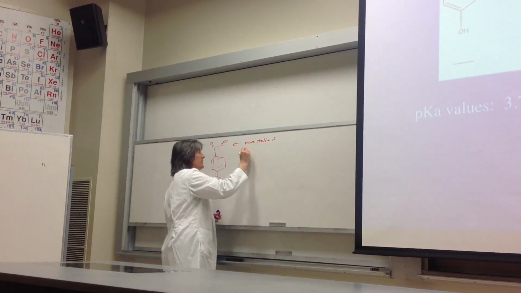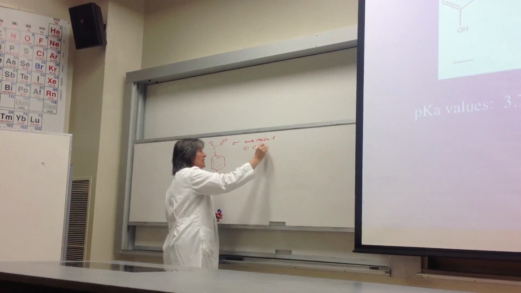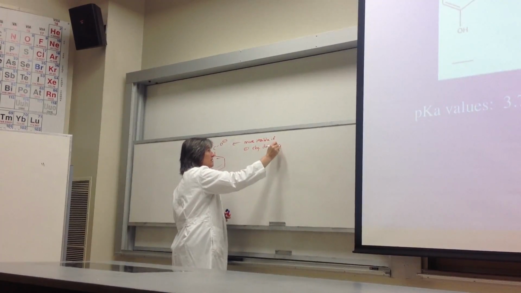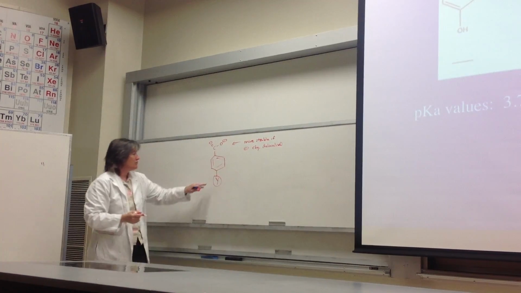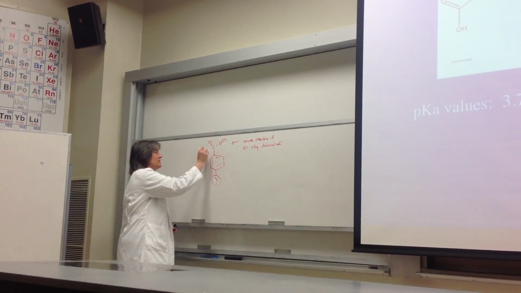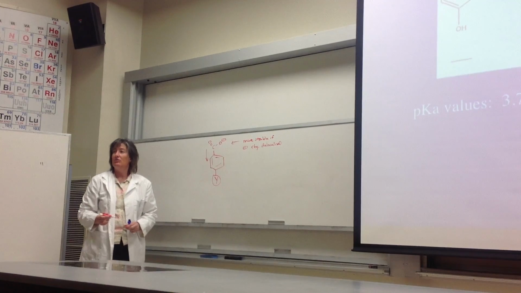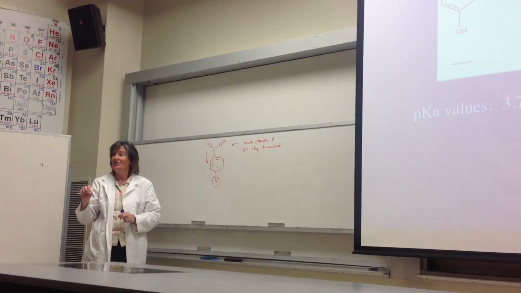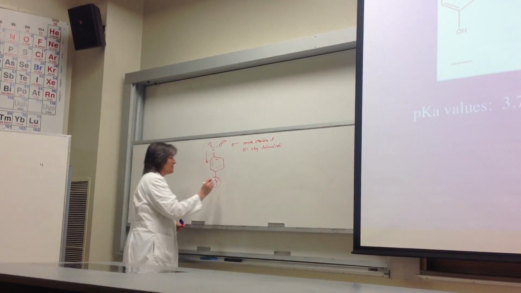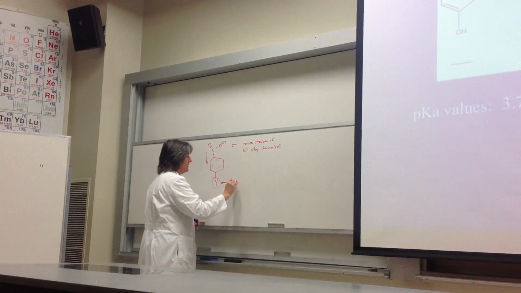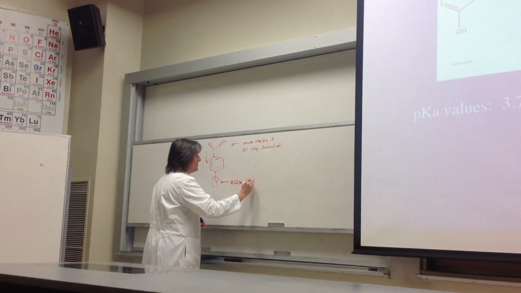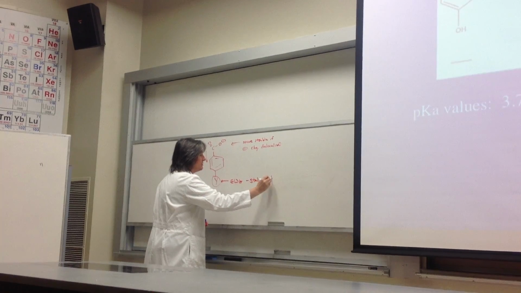It's more stable if that negative charge is delocalized. Now, what kind of group down here is going to help pull electron density into the ring and off of the carboxylic? Electron withdrawing groups, good. They will help to stabilize the negative charge.